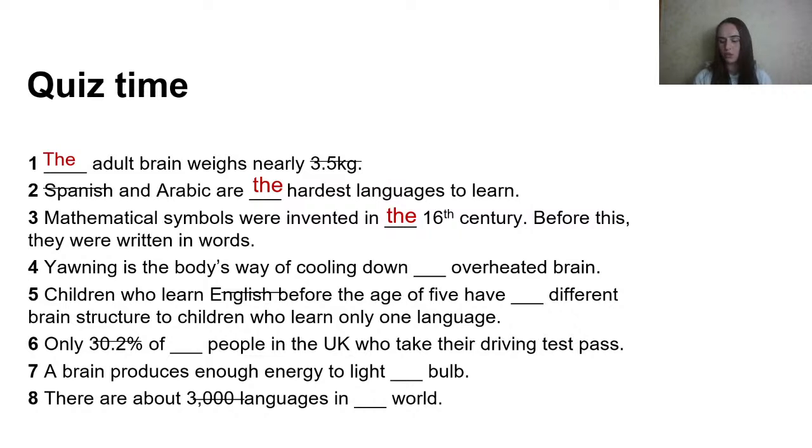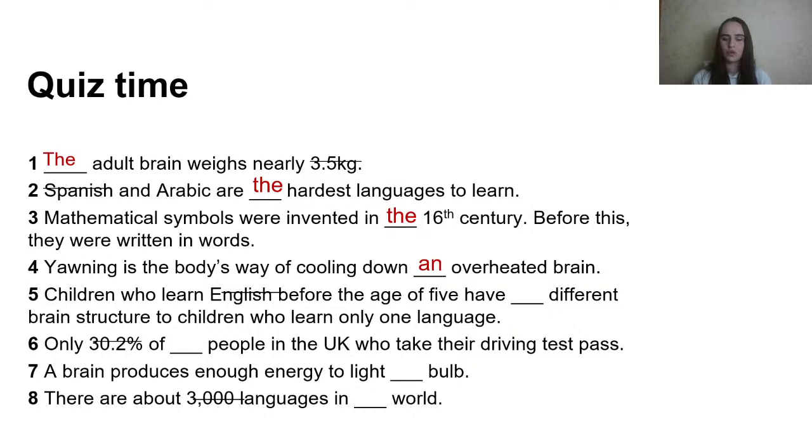Before this, they were written in words. Good. Four. Yawning is the body's way of cooling down an overheated brain. So what do you have in four? You say an, right? That's correct.